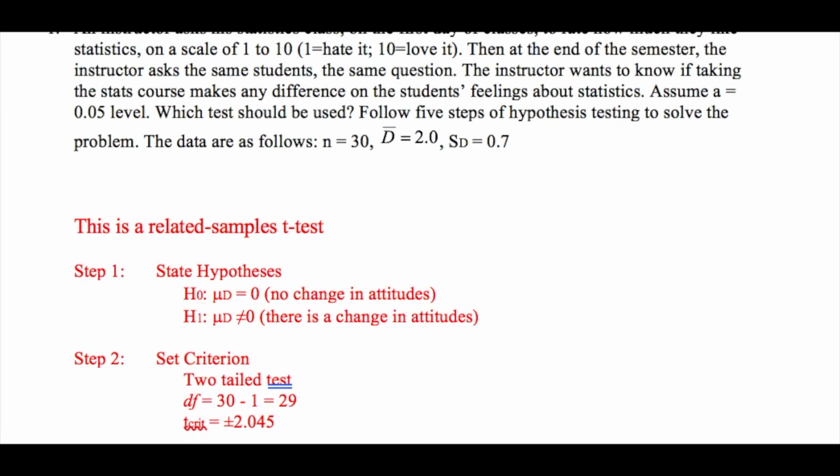Step 2, we need to set our criterion. Because the question didn't tell us which one is bigger than the other, this is a two-tailed test, and df is 30 minus 1, because there is only one variable, so we need to use the total number 30 minus 1, so our df is 29.